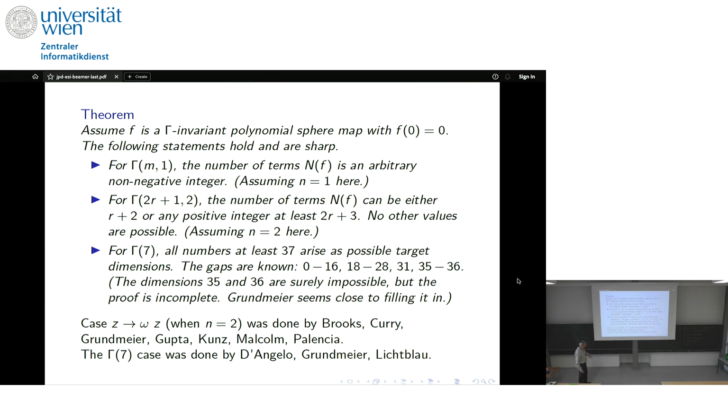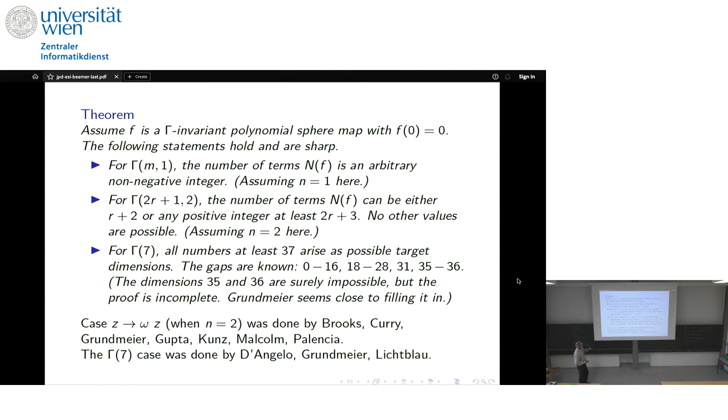from the 3 ball to the 17 ball, there's a new phenomenon, to quote Jeff McNeal, that's his favorite phrase in math. All numbers at least 37 arise as possible target dimensions. The numbers 0 to 16, 18 to 28, 31, and 35 to 36 are gaps. Now there's a slight gap in what I said.